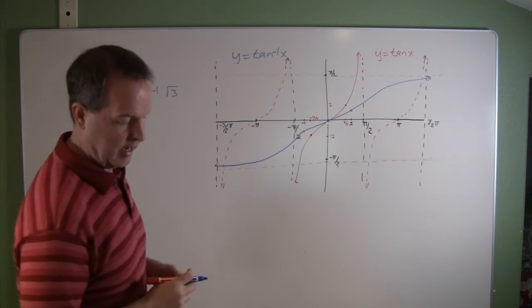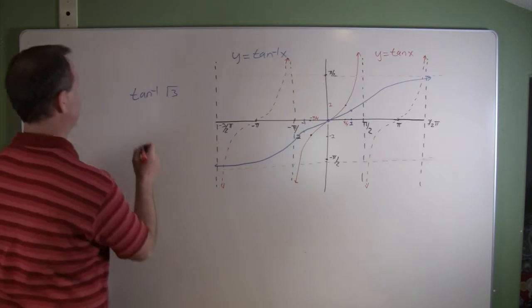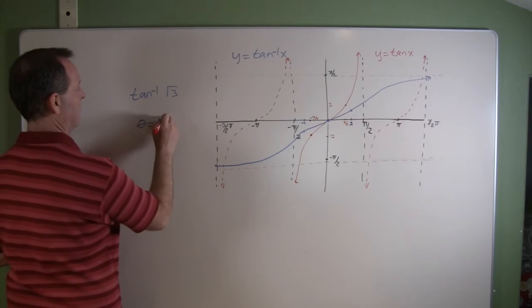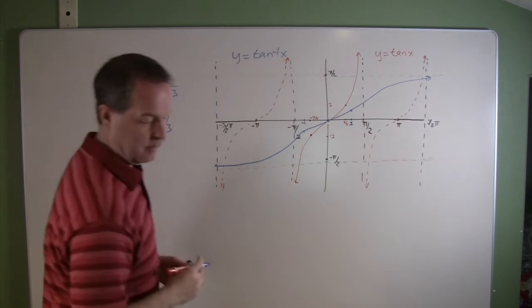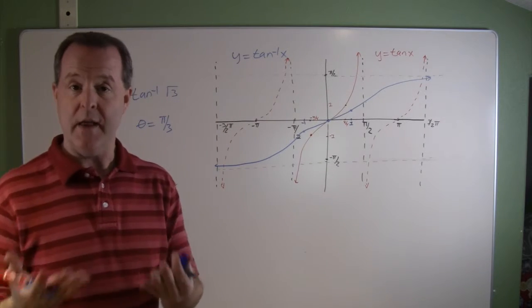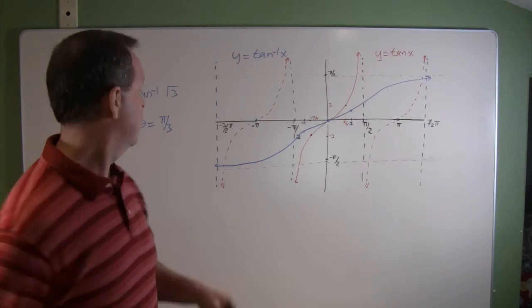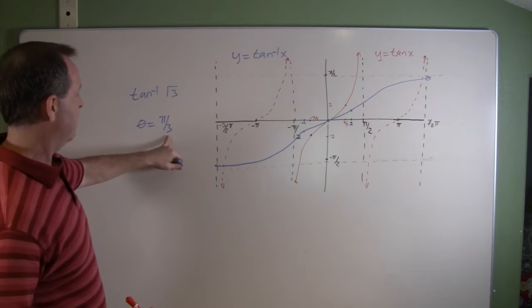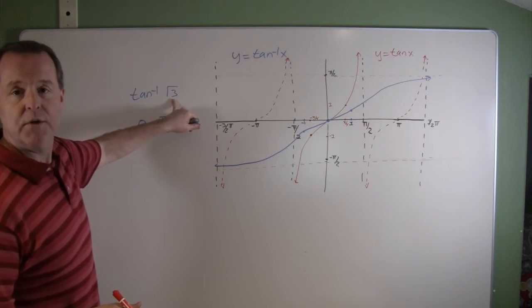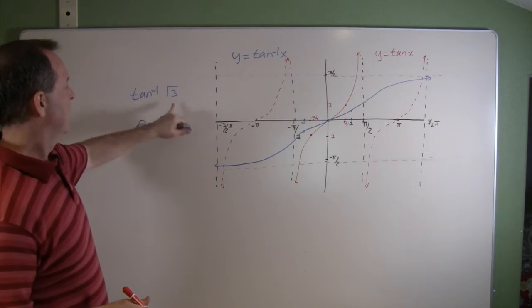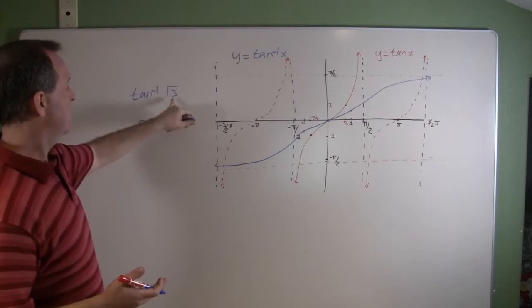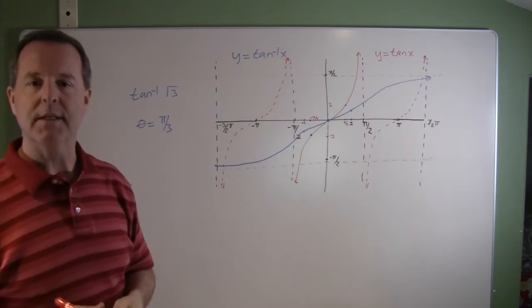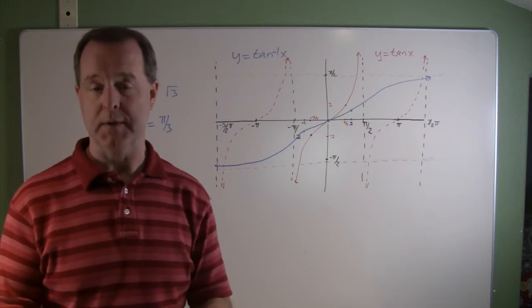If we remember, the angle that did that was pi thirds. So another way of thinking about this is the tangent of pi thirds produces a value of root 3. So whose angle produces root 3? It was a pi over 3 angle that produced that.